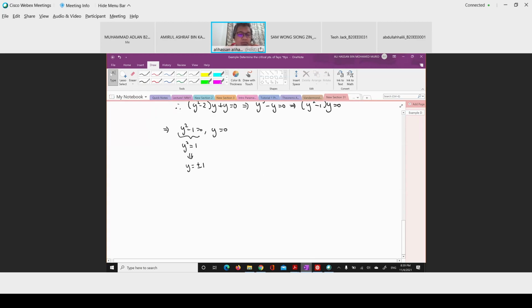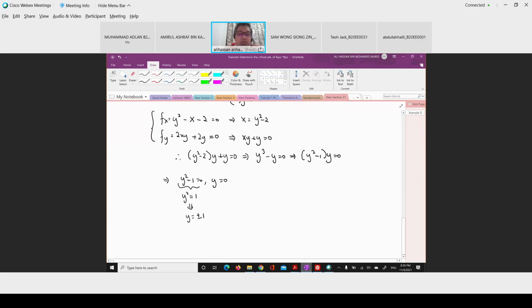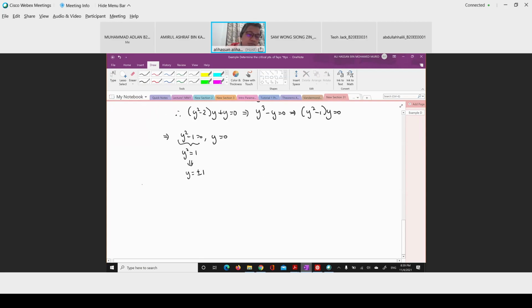Okay. So now we want to find the associated x coordinate for each of these y. We have x equal to y squared minus 2. So when y is 0, x is 0 squared minus 2, which is minus 2. So we have a critical point (minus 2, 0).